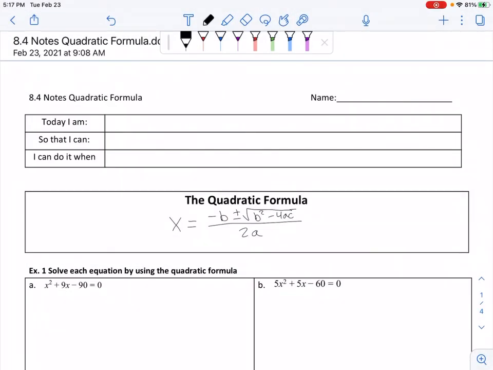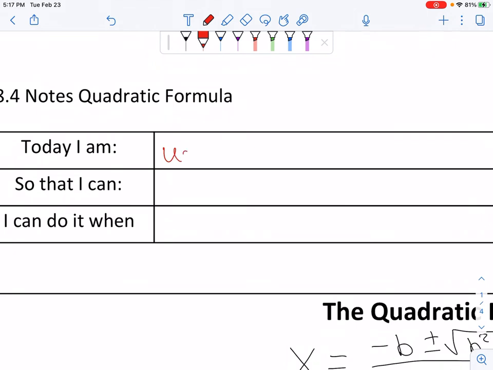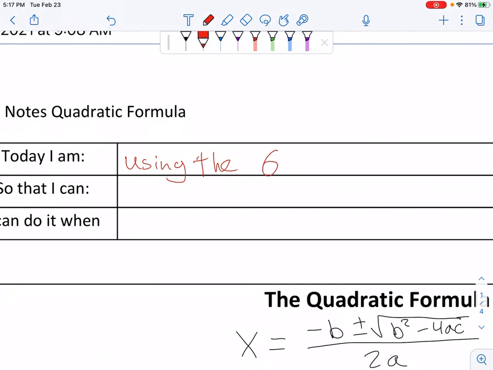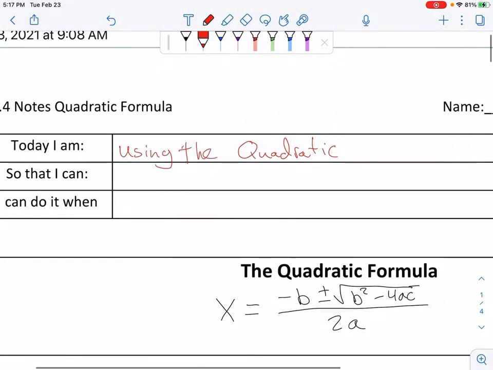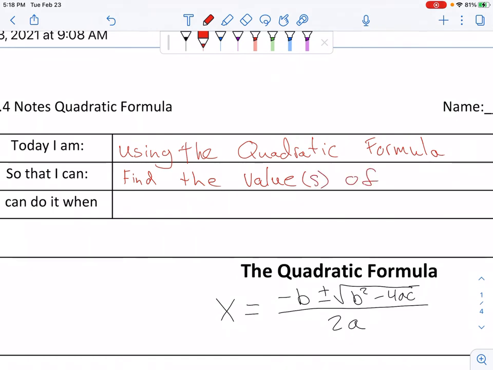8.4. Today, in these notes, we are going to be using the quadratic formula so that we can find the value or values of x.